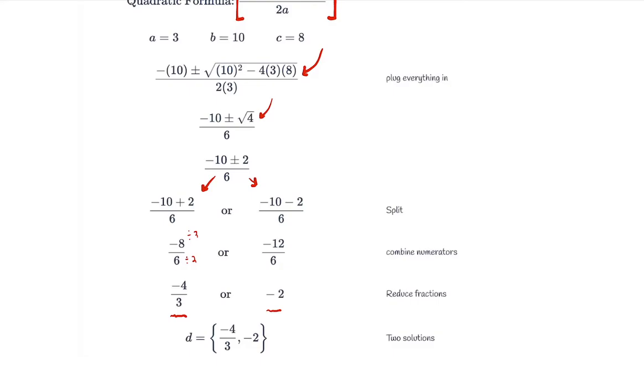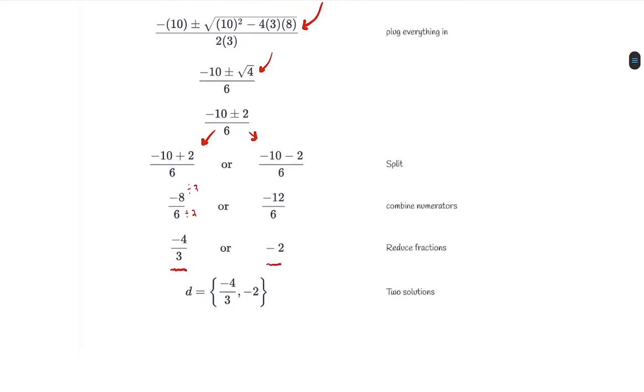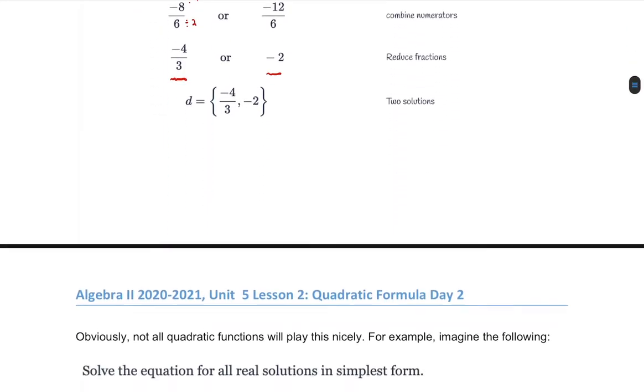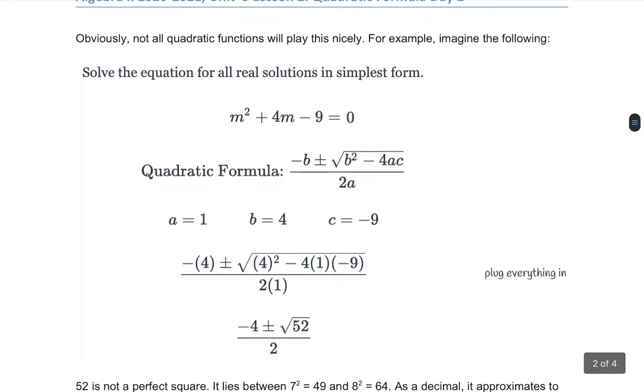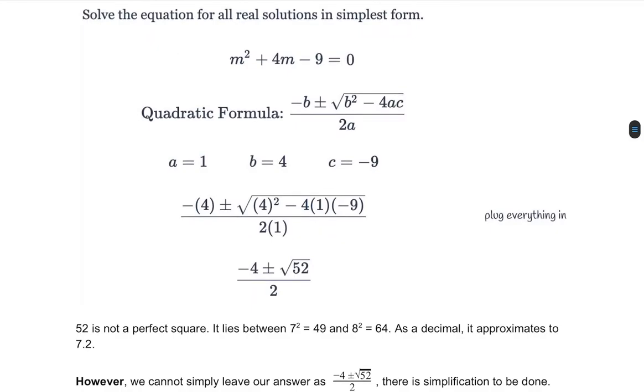Let's take a look at one where we don't quite get the same ease of taking the square root, and we'll recall some things that we can do to simplify from Algebra 1. So here's another example. This is again just pulled straight from Delta Math.